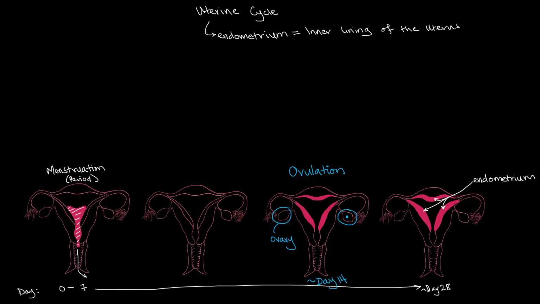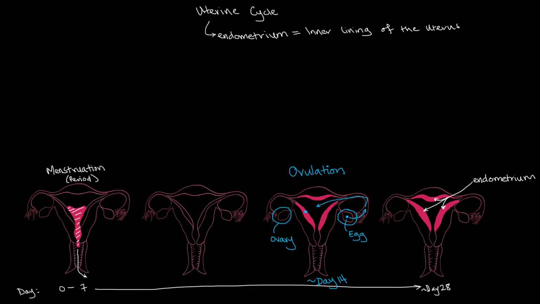So I'll draw this here, kind of a blue circle. This is the egg, a single egg. And at the time of ovulation, around day 14, the woman will release the egg, one egg, into the fallopian tube, and it'll travel down the fallopian tube into the uterus. And it'll then embed itself into the endometrium.